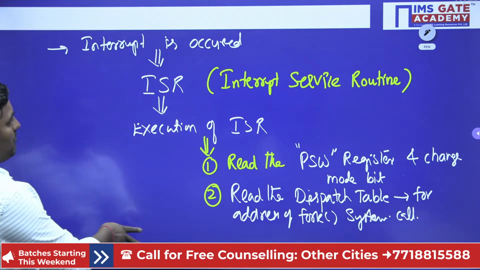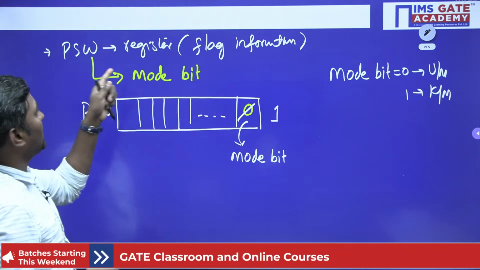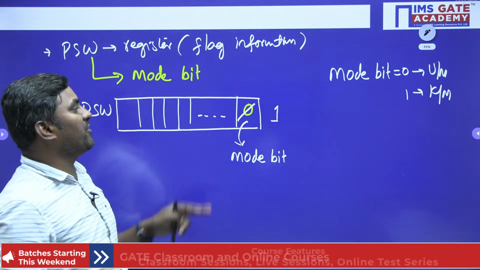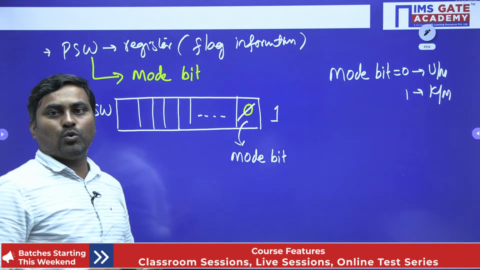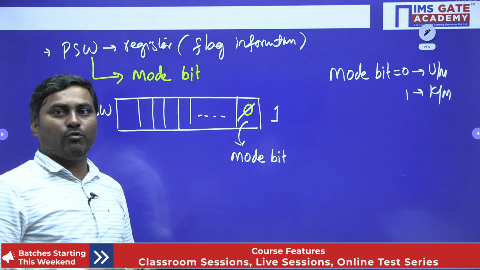In the process status register, you have to change the mode bit from 0 to 1, shifting from user mode to kernel mode.